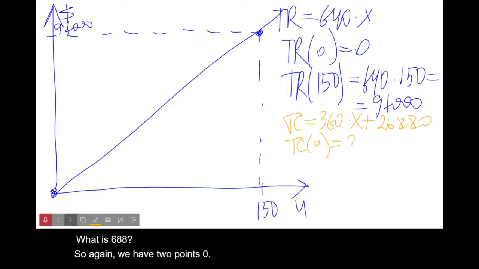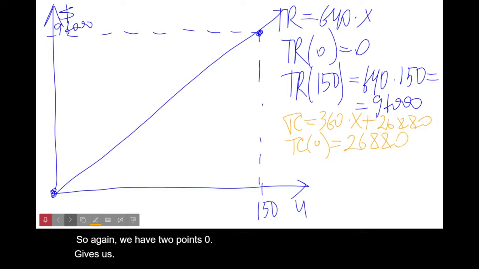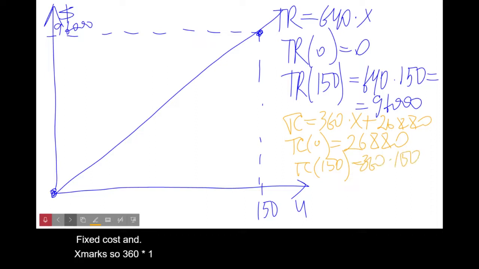0 gives us fixed cost, and X max. So 360 times 150 plus 26,880. Let's calculate what it is.